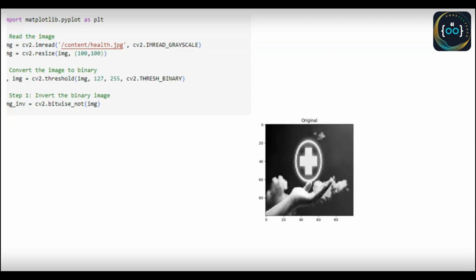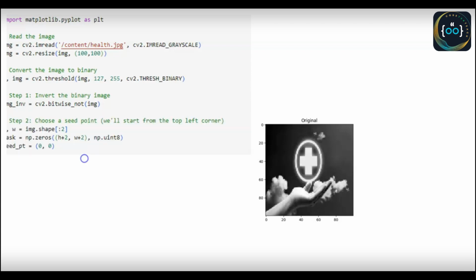Black is represented by zeros and white by ones. The next one is choosing a seed point. We need a known background point to start the region filling process. This point should be somewhere in the region that needs to be filled. All the black points connected to the seed point are considered part of the region to be filled.